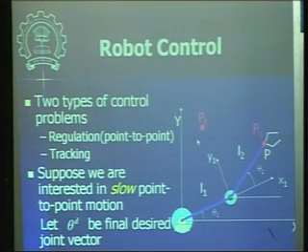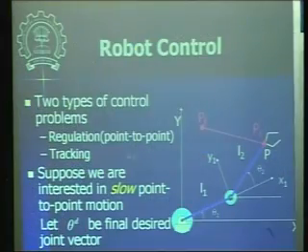What is a regulation problem? You have to move from one point to another point. You don't care how you move, or what is the trajectory traced by the end effector moving from one point to another point, but you have to just go from one point to another point, okay. That is a regulation problem, or it is called a point to point control problem, okay.